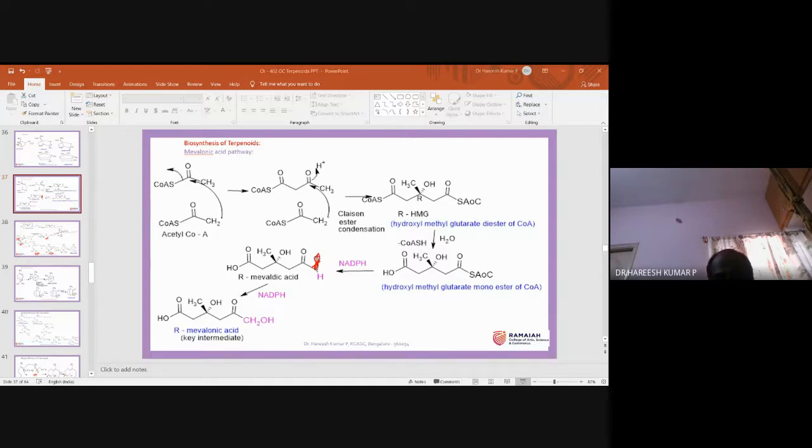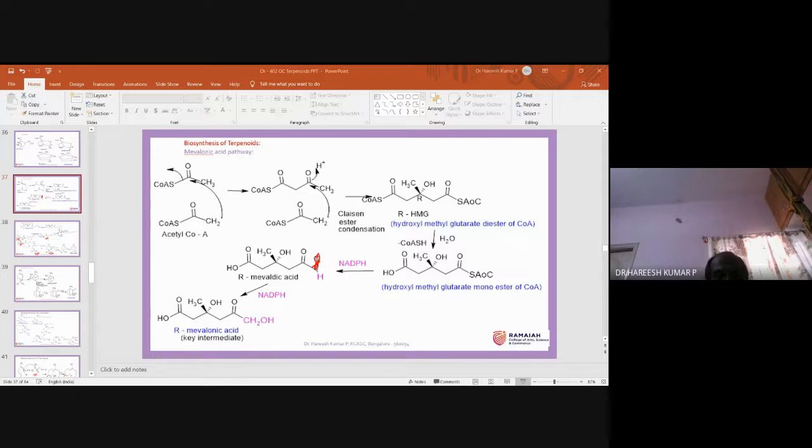biosynthetically. Let me repeat the explanation of the biosynthesis of linalool. Linalool can be obtained from neryl pyrophosphate or geranyl pyrophosphate. How are these two obtained?